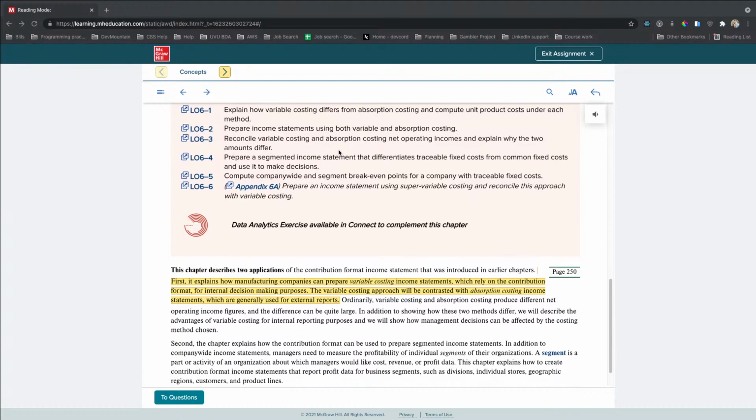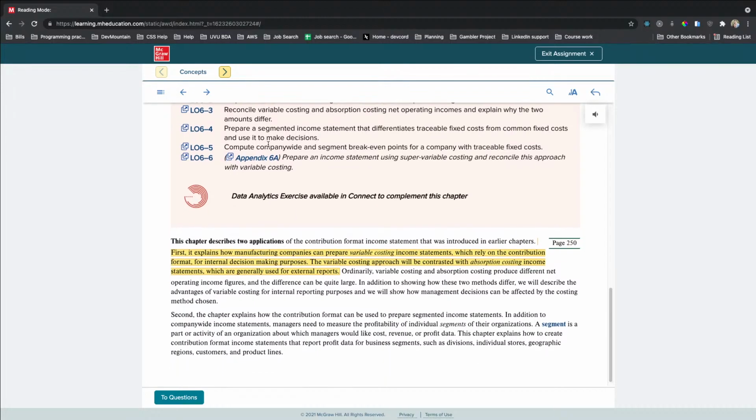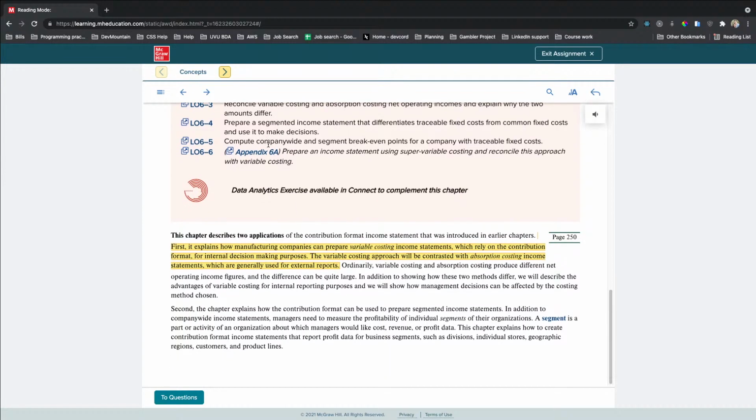So we should be able to explain how variable costing differs from absorption costing and compute unit product costs under each method. Compare income statements using both variable and absorption costing. Reconcile variable costing and absorption costing net operating incomes and explain why the two amounts differ.